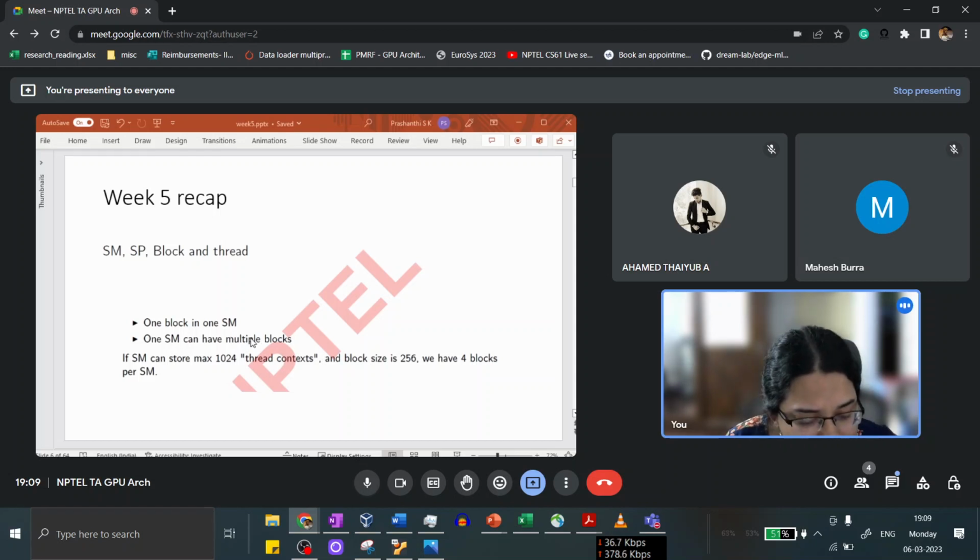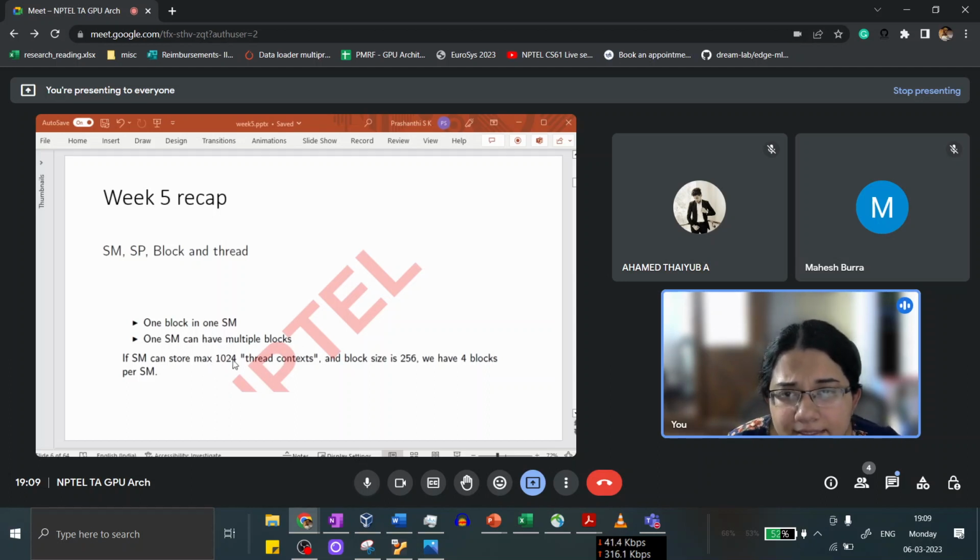Some of these are hardware constraints because of the way the hardware and architecture are designed, so keep them in mind whenever you design kernels or solve problems. The second thing is that one SM can have multiple blocks.